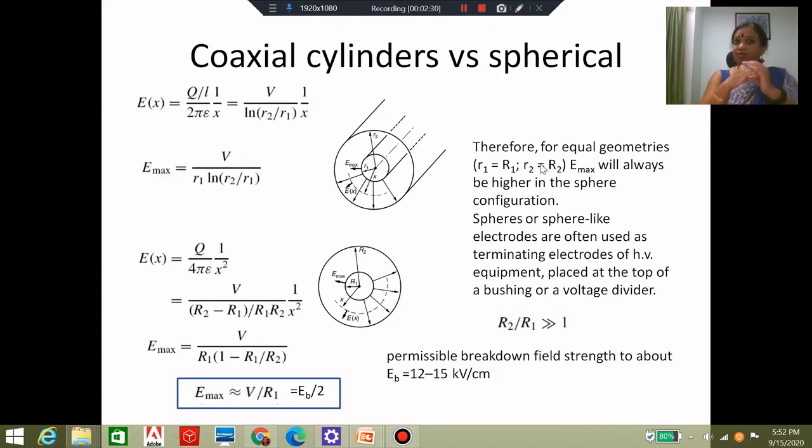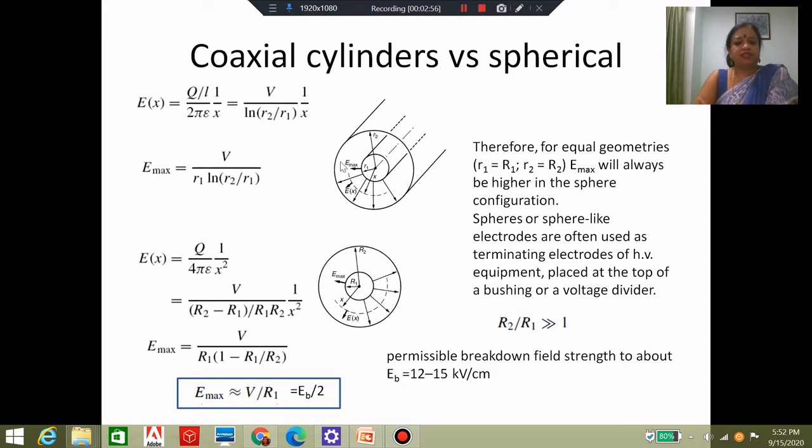So in gas insulated lines, you have a conductor running through, and to insulate that conductor, you need gas. So you need a metal enclosure, which is most often cylindrical, and that is earthed. And in the space between the conductor and the enclosure, you have the insulating gas. So we have a lot of situations where there are coaxial cylinders.